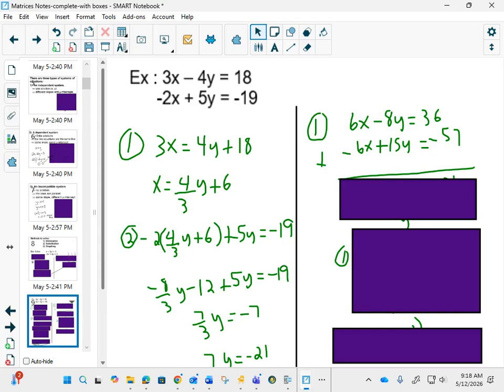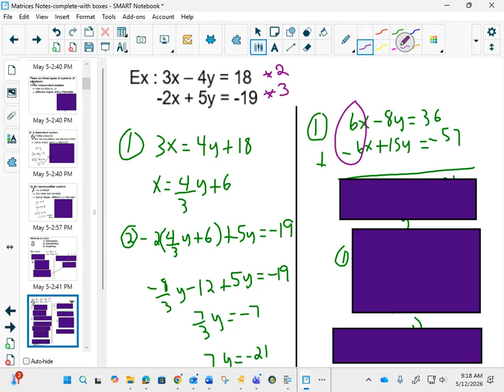I could take equation 1, and you see what I did? I took equation 1, I multiplied it by 2, and I took equation 2 and I multiplied it by 3. That got my numbers in front of the x to be the same with one positive and one negative. No fractions at this moment.